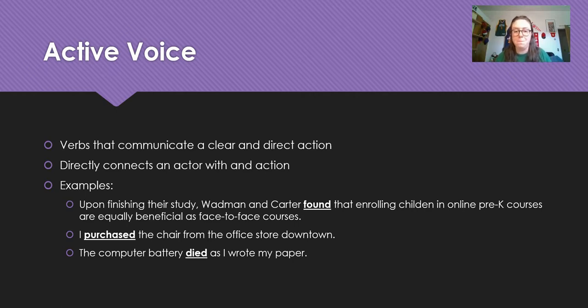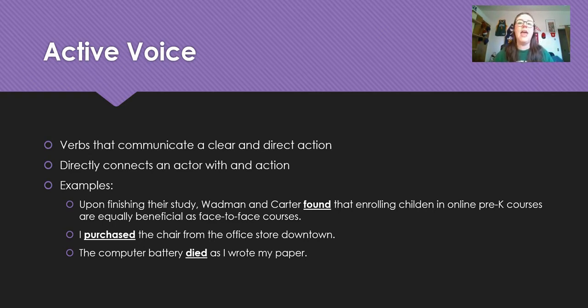Looking at the second example, I purchased the chair from the office store downtown. So this one, just because of the content that's communicated in the sentence, by using the word purchased, we know exactly what the subject of the sentence did, I, but because we said I purchased the chair from the office store downtown, if that's your sentence, chances are strong your audience has probably purchased a chair from an office store.